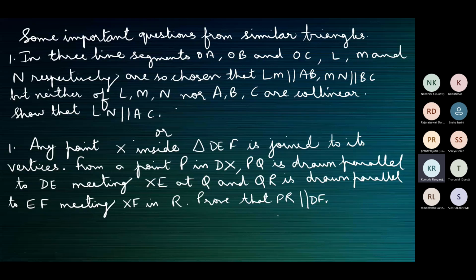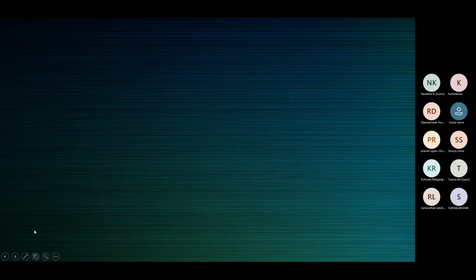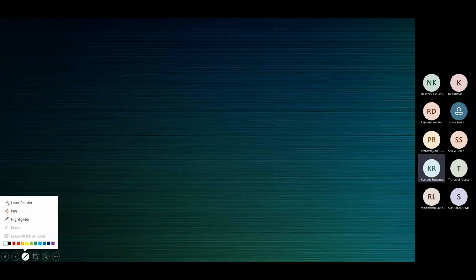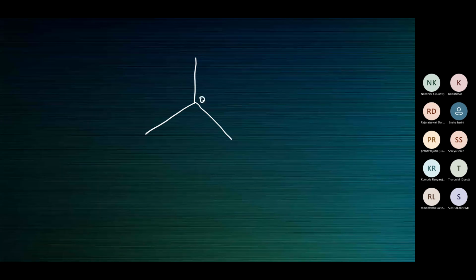All right. Let's see the first one. In 3 line segments, OA, OB, and OC, L, M, and N respectively are so chosen. I'll explain why it is like this at the end.